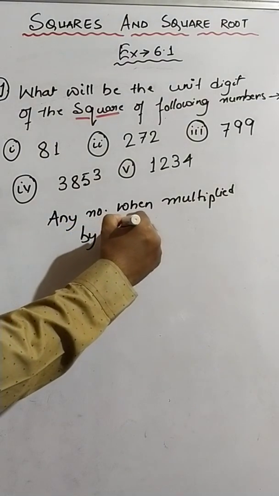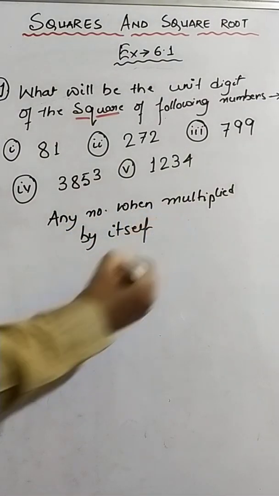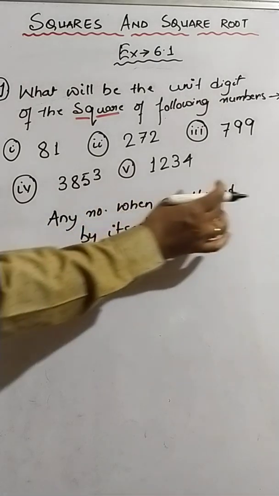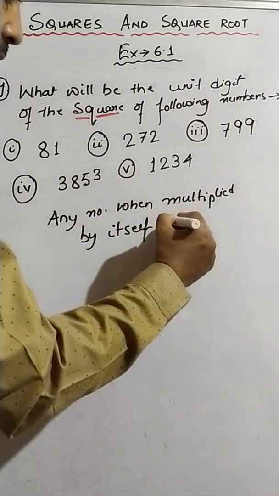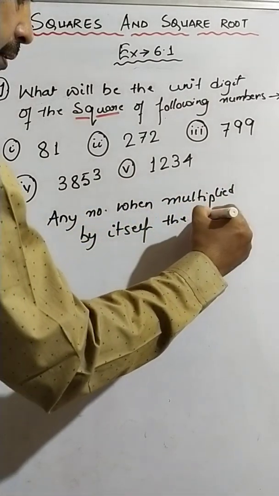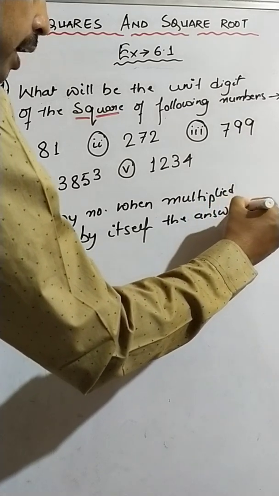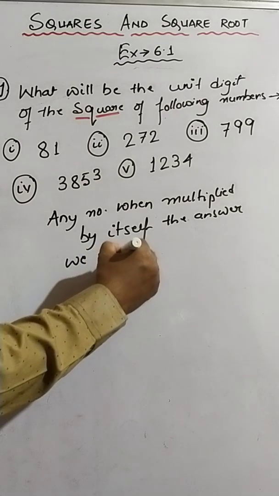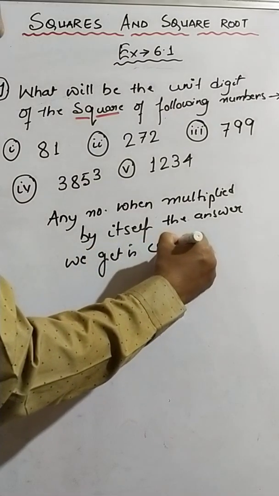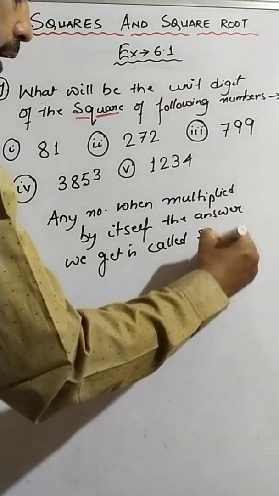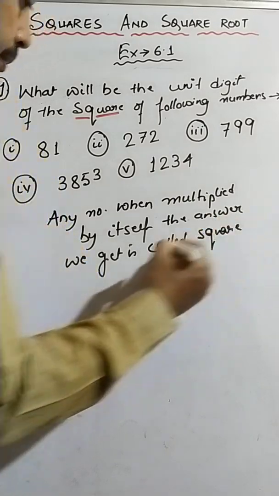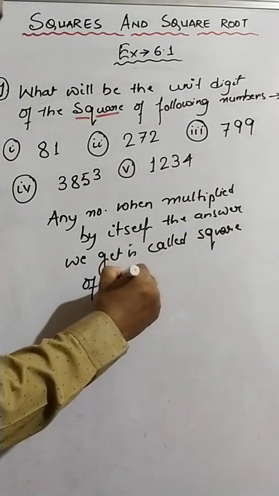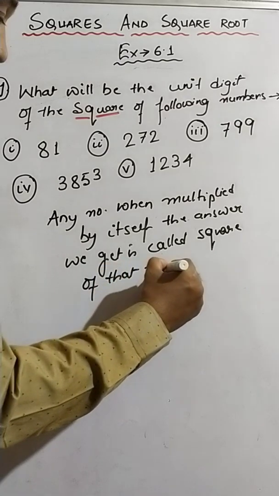Find any number, when multiplied by itself, the answer we get, or you can say the product we get, is called the square of that number. Fine, this is the definition of square.